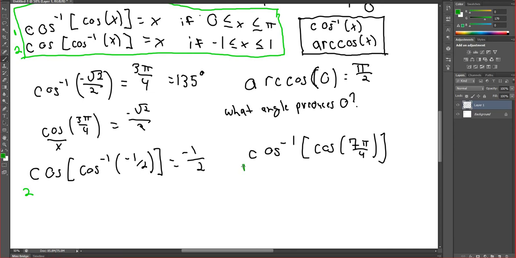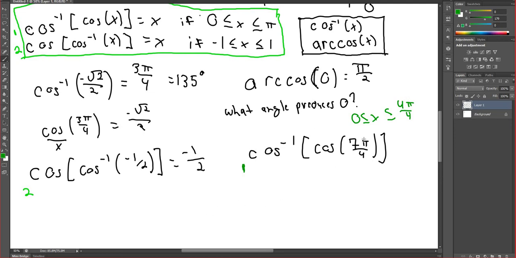No. For property number 1. Oh, wait. Does it? So if we think about this, it doesn't. Look, I could also write this as 4 pi over 4. The numerator is greater, so this is... Yeah, okay. I see that.